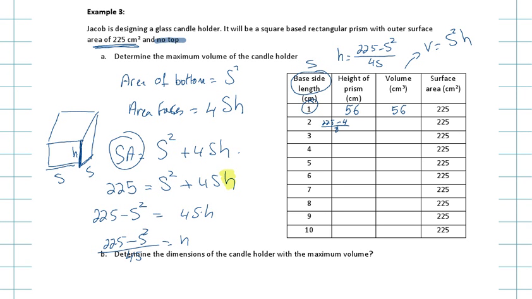So what's 221 divided by 8? It's 27.625, which is going to be 28 if we round. I'm going to leave it as 27.625.